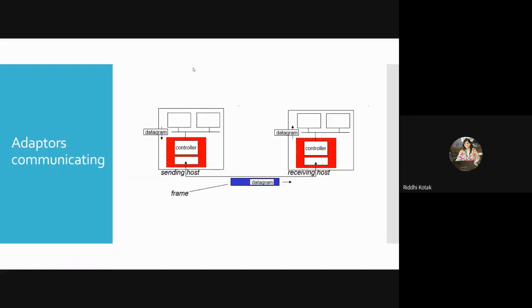It is the same block, but one is at the sending side and one is at the receiving host. As I told you, the data will pass as a frame at the data link layer. That scenario is shown here, and through the adapter, it will communicate from the sender host to the receiver host.